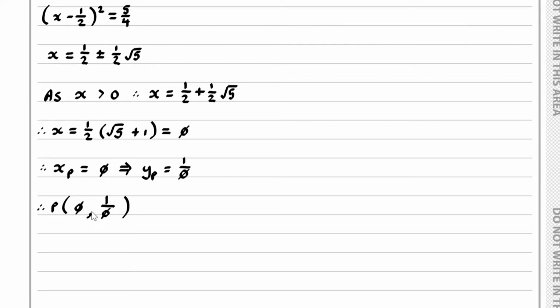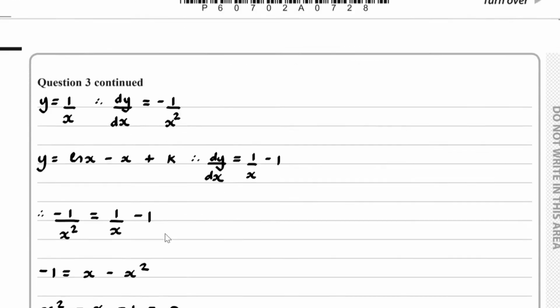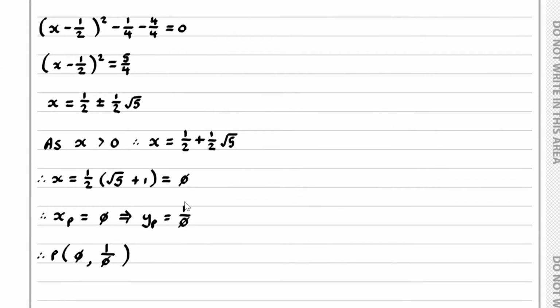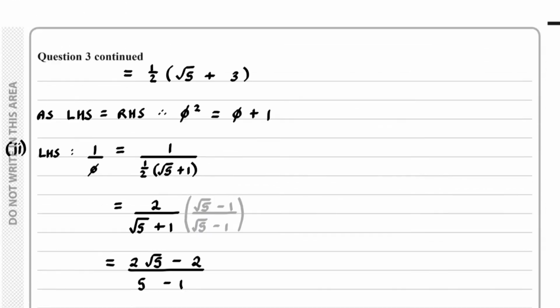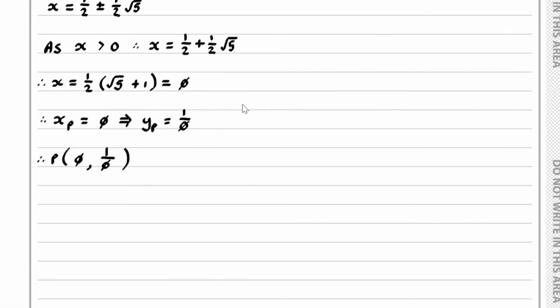Now, for the next part of the question, we have to find the value of k, and we can do this by using this here. Now, 1/phi, we have shown that to be the same as phi minus 1. So this 1/phi we can rewrite as phi minus 1.